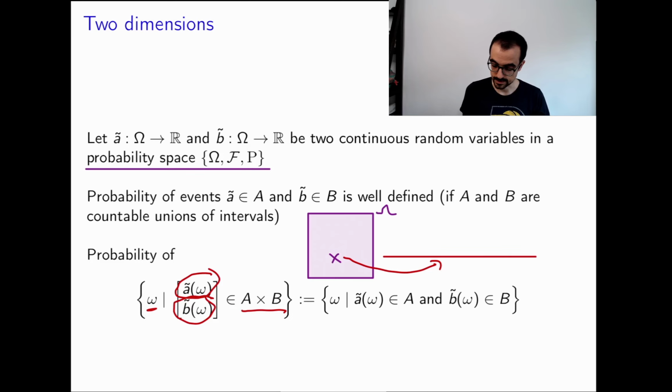So that's A. But we also have B that is also defined on the same probability space. It also maps points onto the real line. So we have this real line here. I'm going to draw another real line, maybe I'll draw it as a straight line, to show where B maps points.